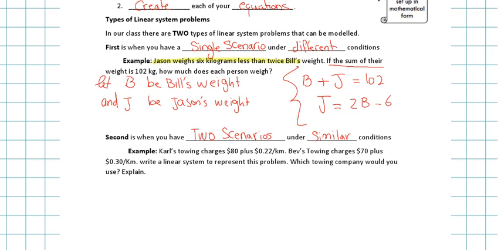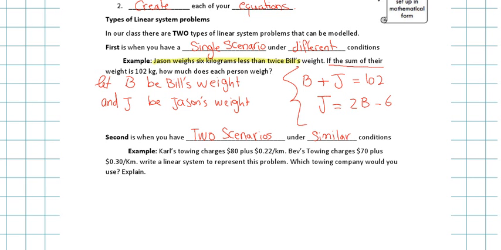In the second case, we usually have 2 different companies, and we're comparing how these 2 different companies are charging people. So we have 2 different scenarios, but we're looking at the same thing.